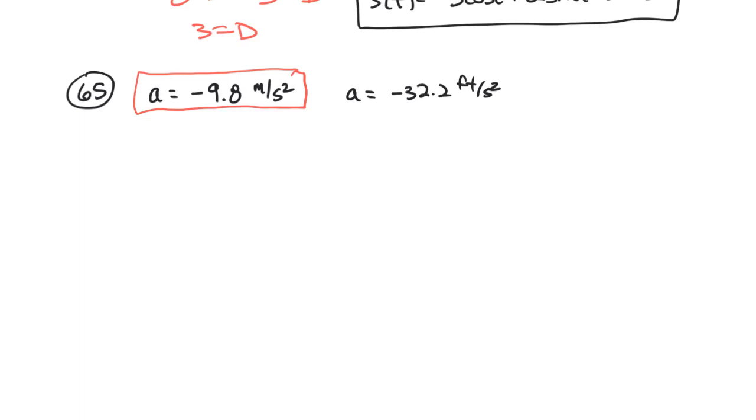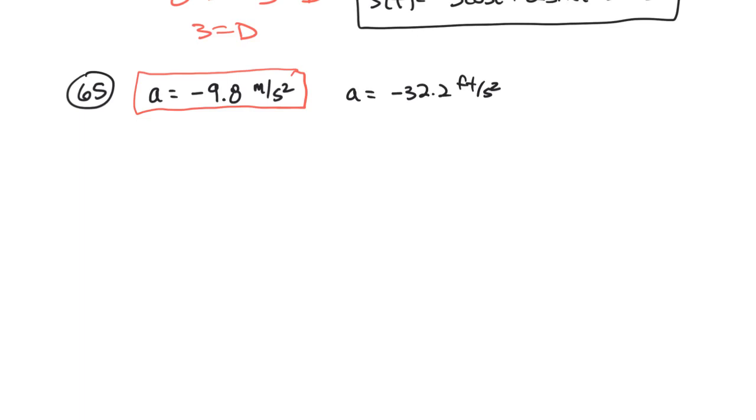And so we already have the acceleration. We've seen if we have acceleration, we can get to position, right? It seems like they don't give us much. They just say it's 450 meters above the ground, and they start asking us all kinds of questions. But we do know acceleration due to gravity. This is the acceleration due to gravity if you use the metric system, and this is using the English system.